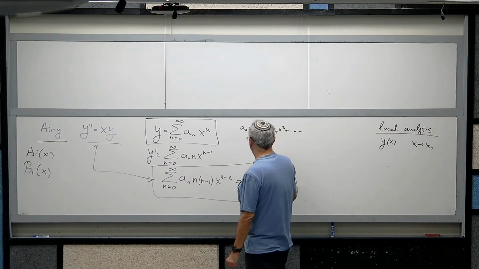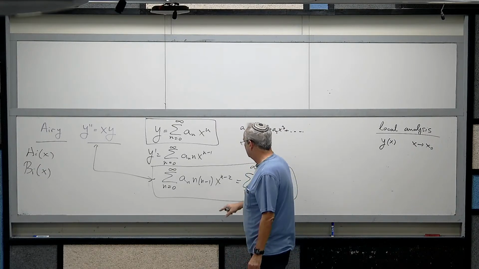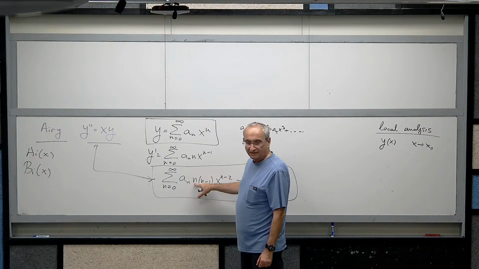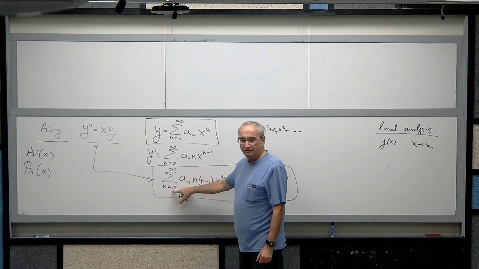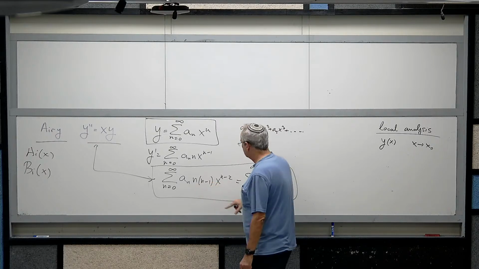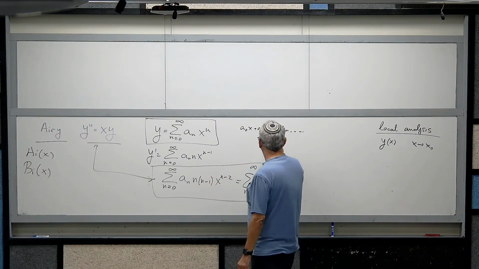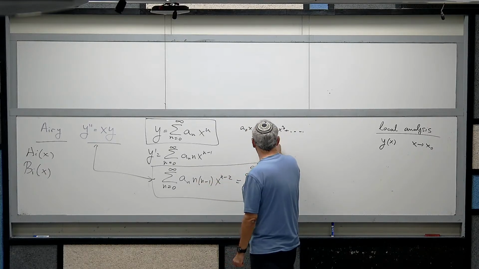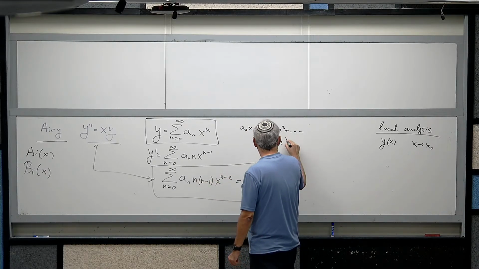This is equal to, okay, now, the n equals 0 term gives me nothing because I have an n. And the n equals 1 term gives me nothing as well because I have n minus 1, right? So the first term will be a2 times 2 times 1, so 2a2 x to the 0.